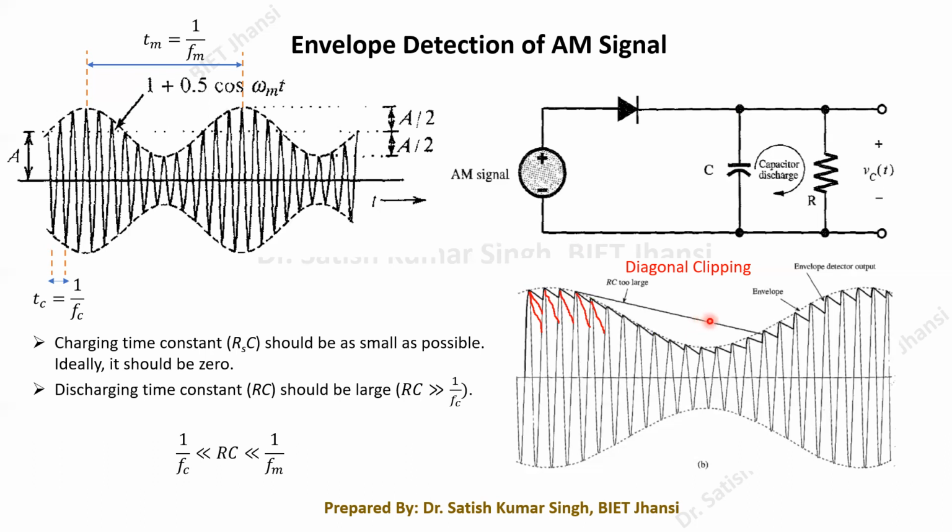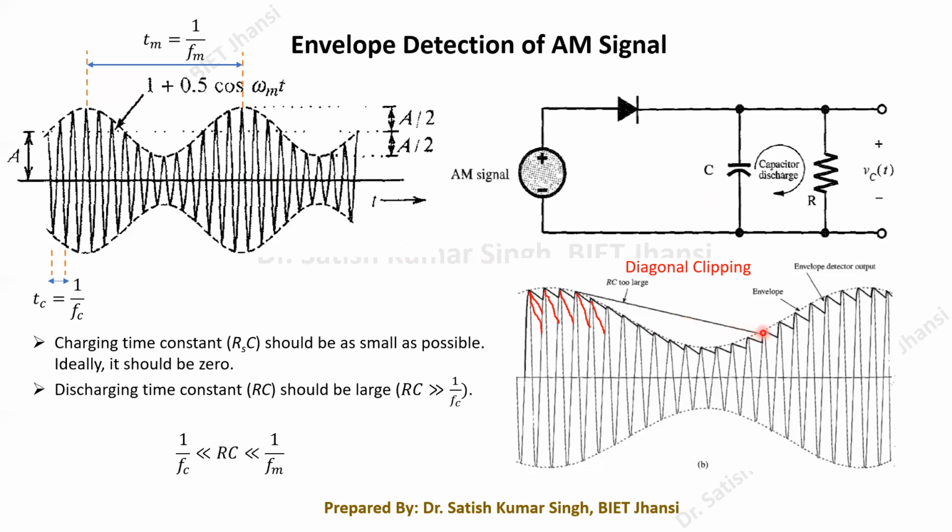Now after a large amount of time, we can see that this discharging profile of the capacitor has reached this particular value. After so many cycles have been skipped, now this peak will be detected by the capacitor. Basically the function of the capacitor here is to detect the peak values of this carrier.